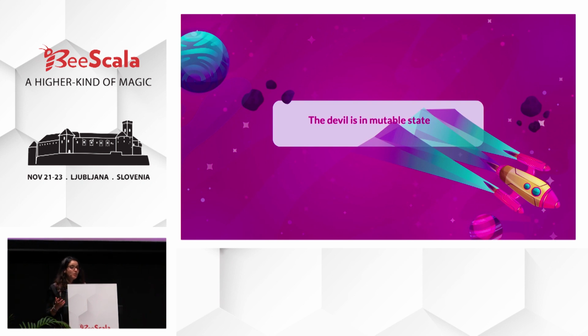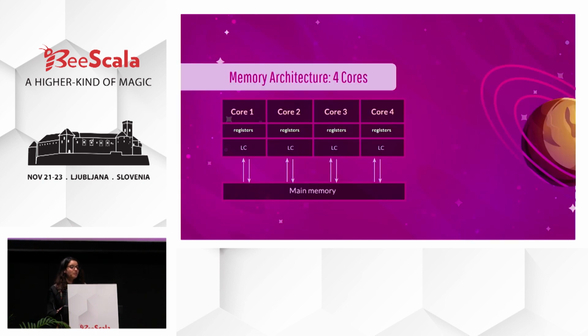So we are dealing with mutable shared state, and the devil is in mutable state. Why? Because of the Java memory model: when we have separate or parallel computations, they will be executed in different cores, and each core has a local cache memory that contains the state there, and the main memory contains the shared state.